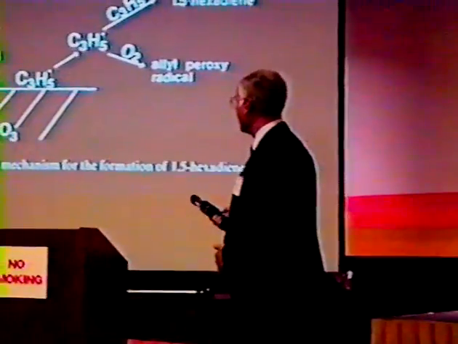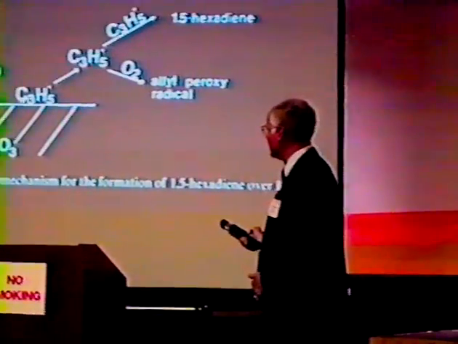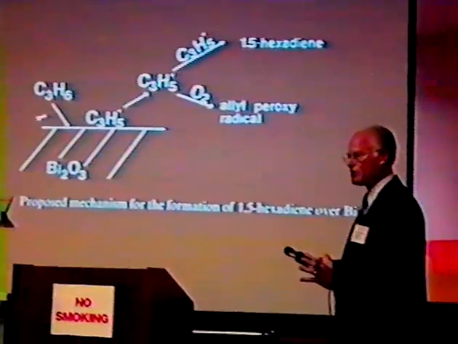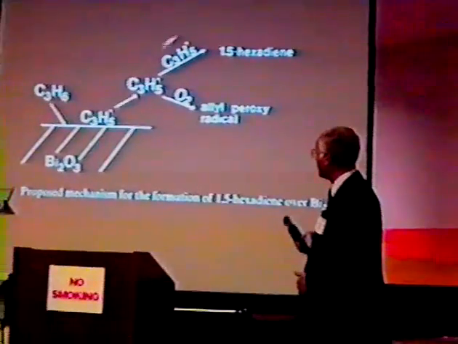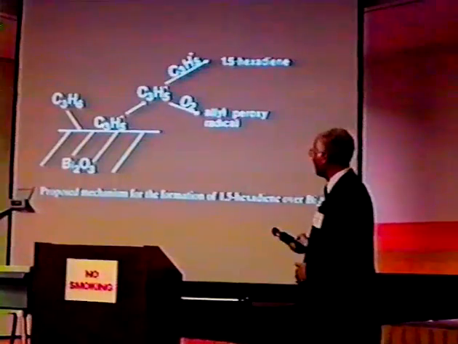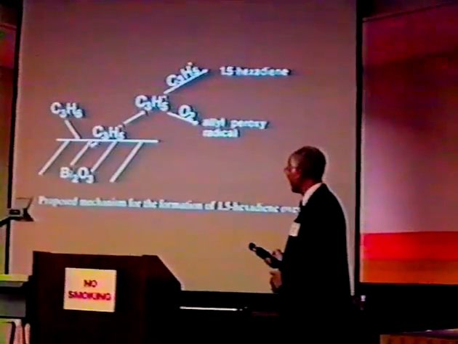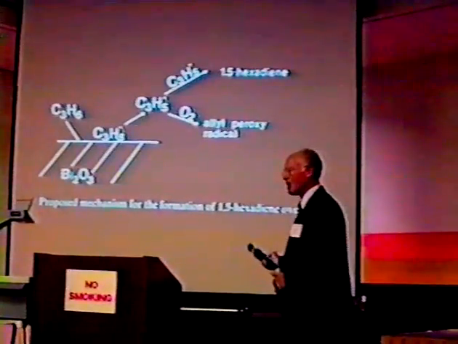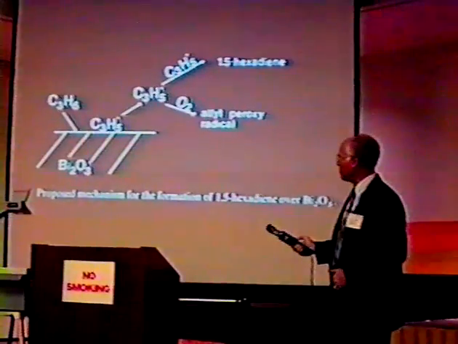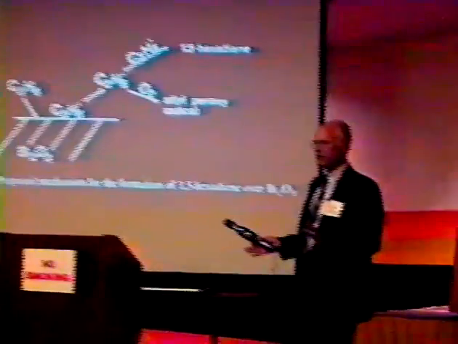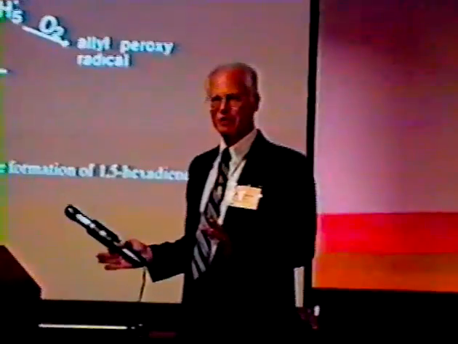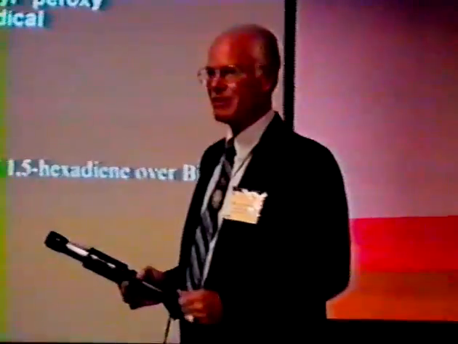And presumably what happens on the bismuth molybdate is that the radical is stabilized on the surface, and before it can desorb and be collected, it undergoes, again, the loss of a hydrogen and the gain of an oxygen to form acrolein. So surfaces are quite different with respect to their ability both to generate the radicals and to actually release the radicals into the gas phase. And we'll be having more to say about that later in the talk.